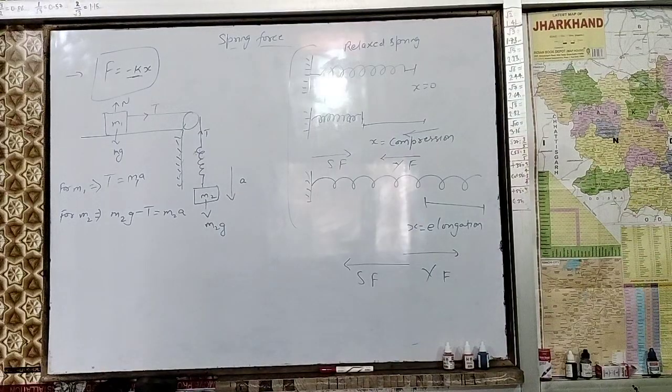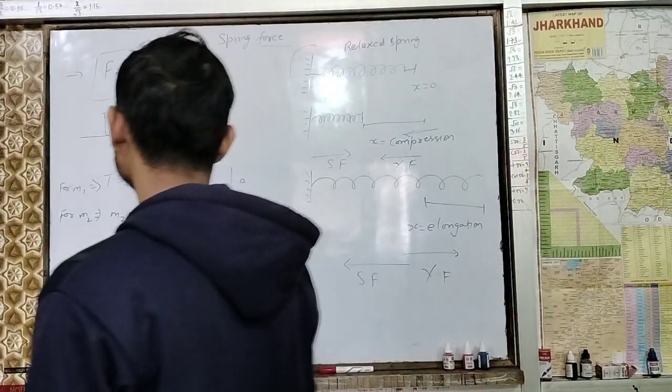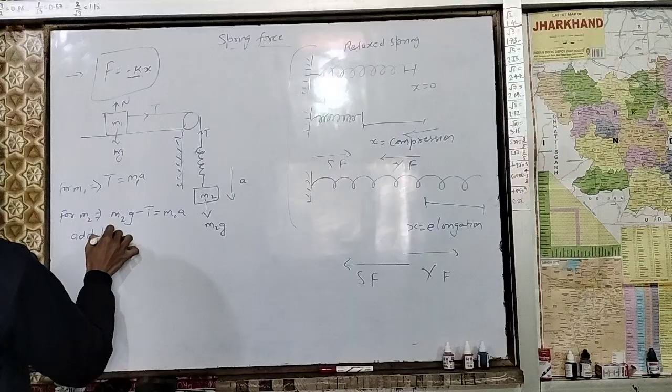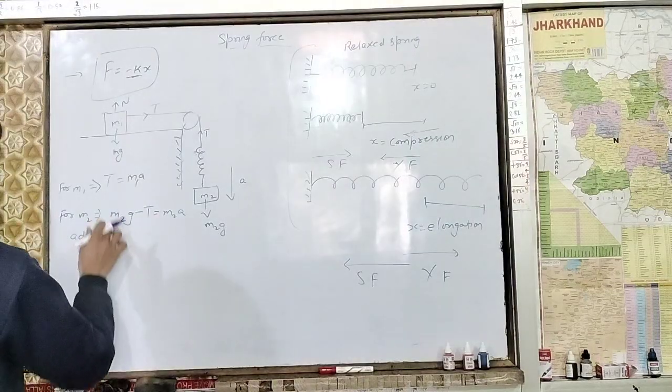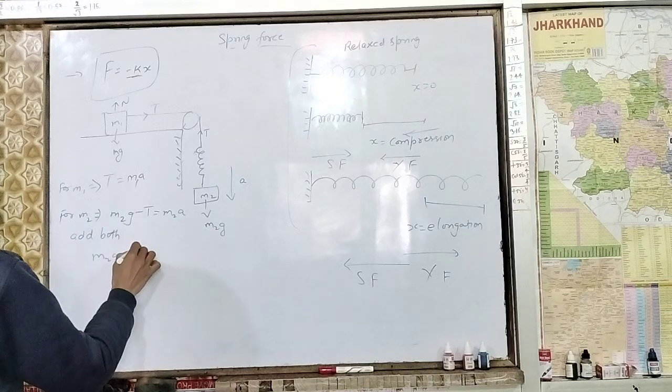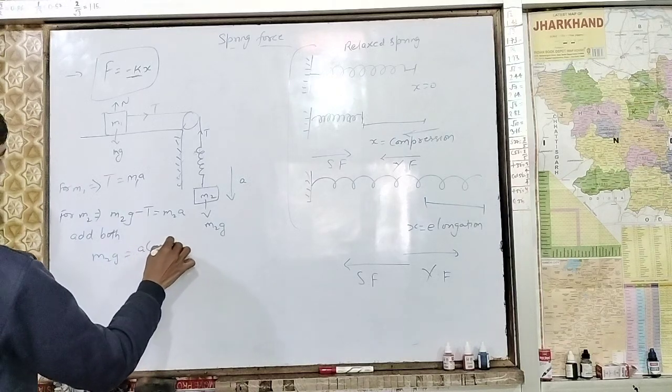First of all, add these two equations. T will cancel each other. We will get M2g is equal to a times (M1 plus M2).